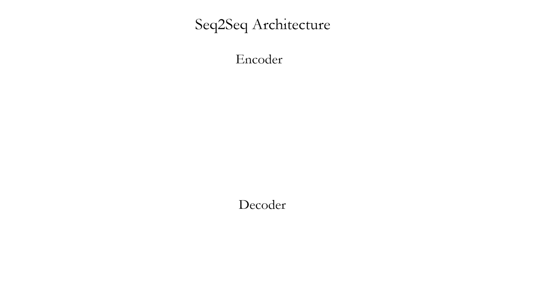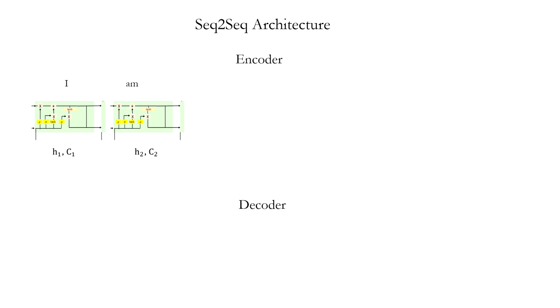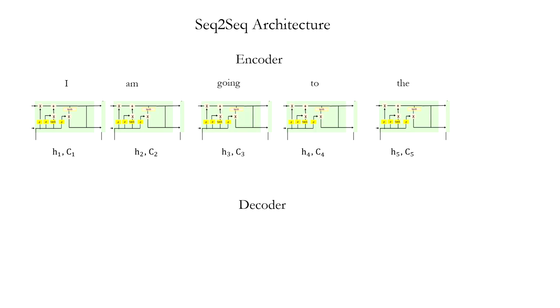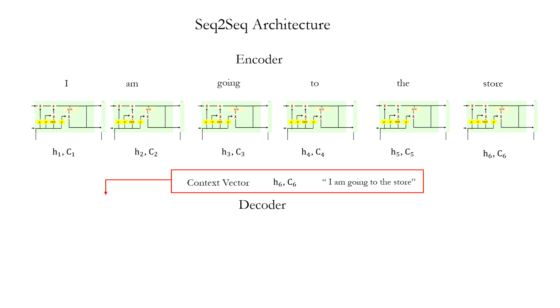Now let's put it together, right? The encoder and the decoder architecture. I am going to the store. Okay, we've got the H6, C6, which is the context vector.